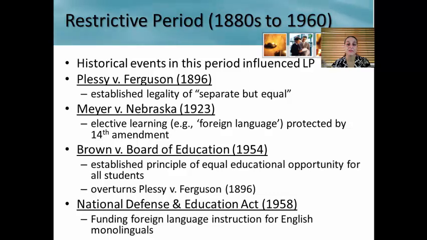The fund had to be used by English monolinguals. And so you can really see the stereotypes that are at work here in society and how they really guided the legislation that came out and the funding that was provided.